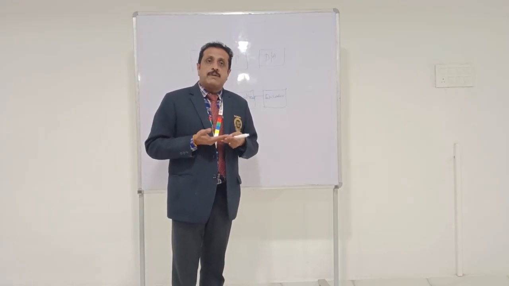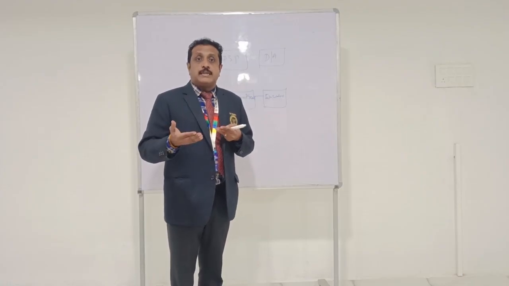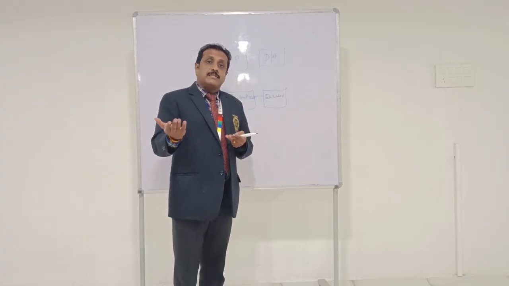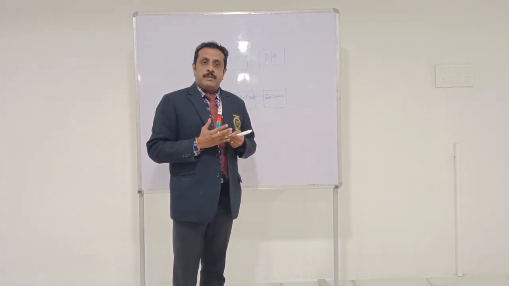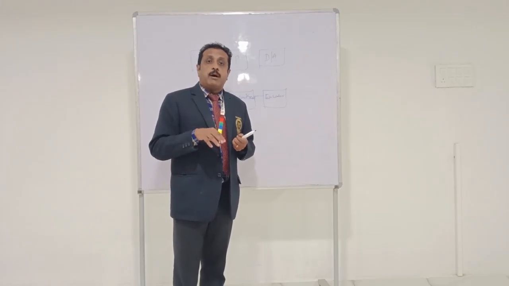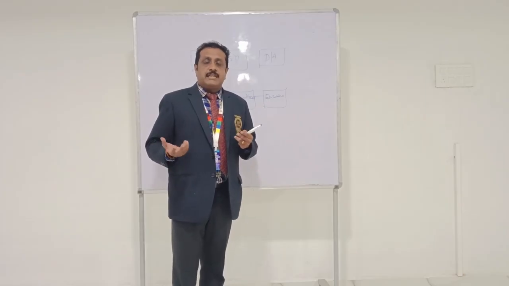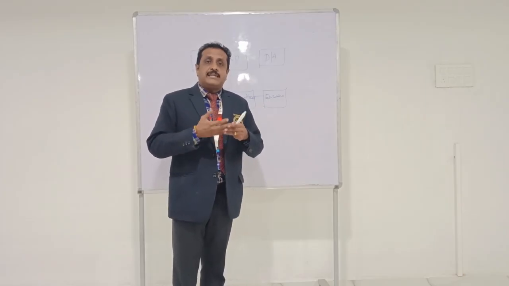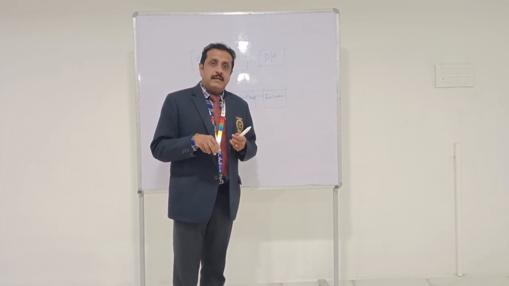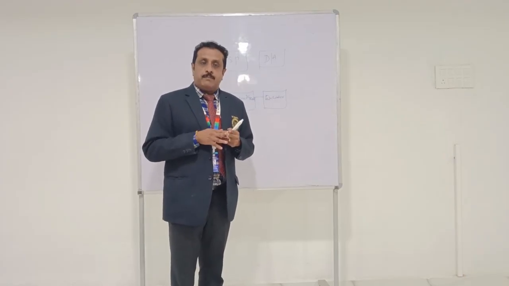In this class we are going to see the discrete Fourier transform. Before going to the discrete one, what is the evolution of this transform? DFT starts from FT, the Fourier transform. Whenever we want to analyze a continuous time signal, we apply the Fourier transform. But when you come to signal processing, all signals are discrete time in nature. So when you want to analyze a discrete time signal, we have to apply the DTFT, discrete time Fourier transform.